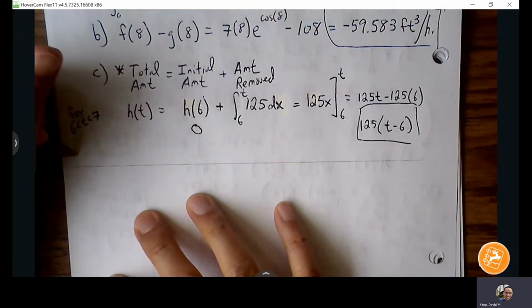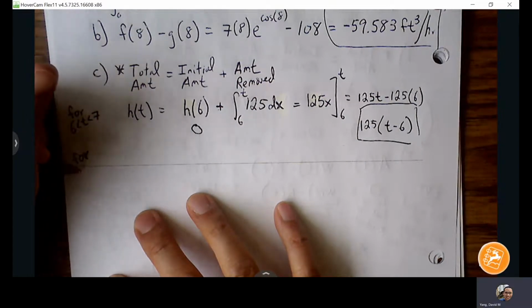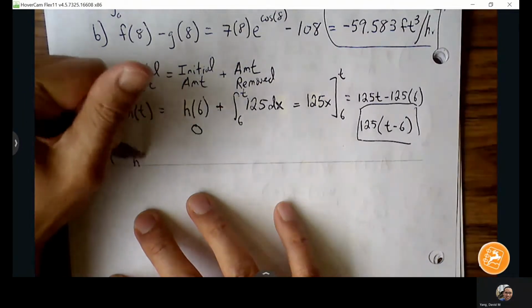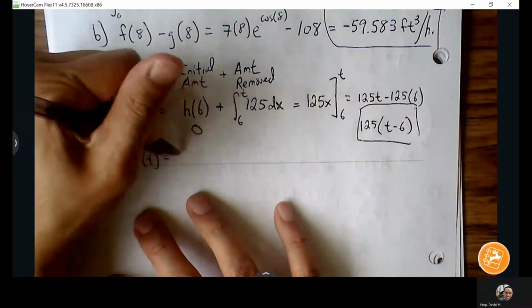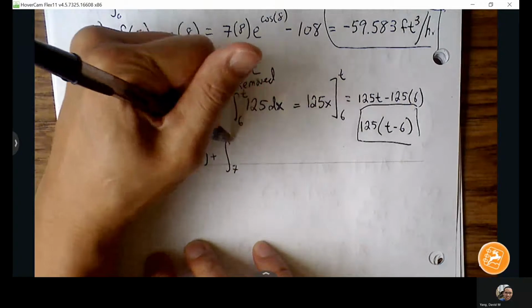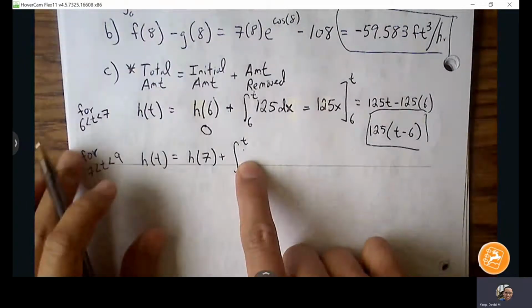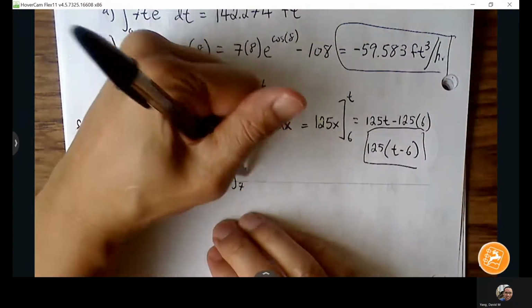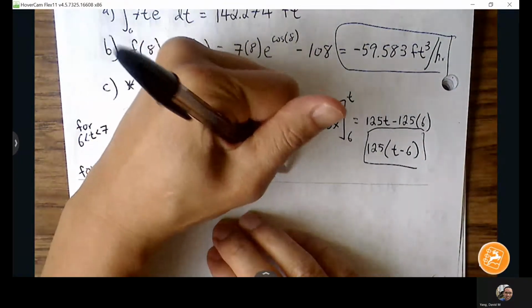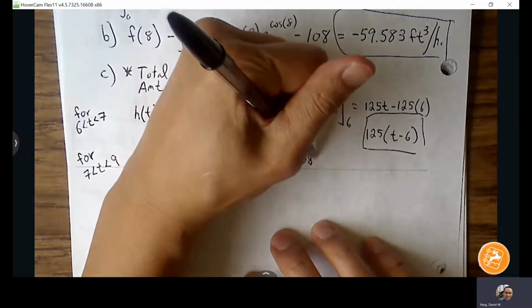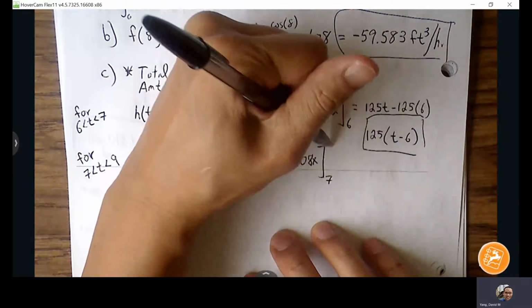Now, between 7 and 9 hours, she has a different rate, right? What's her rate between 7 and 9 a.m.? 108. Same process here: 108x between 7 and t.